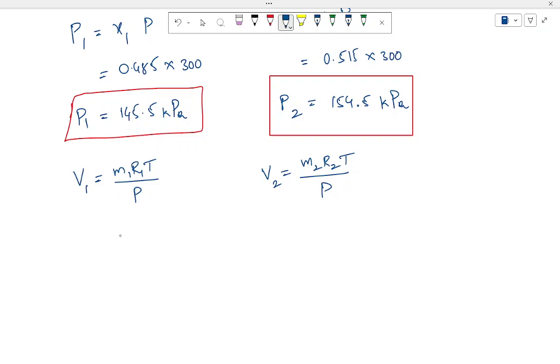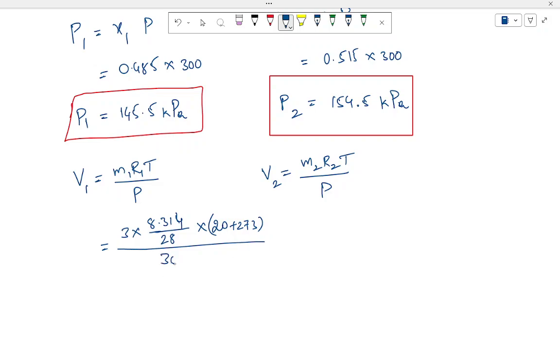So we can substitute the things appropriately here. You have 3 as M1, R1 is 8.314 by, since the R1 is nothing but your nitrogen, you can substitute the molecular weight 28 here, and the T value is 20 plus 273 as substituted in Kelvin. 20 degrees centigrade is given in the question.